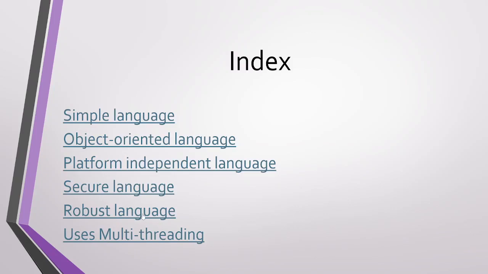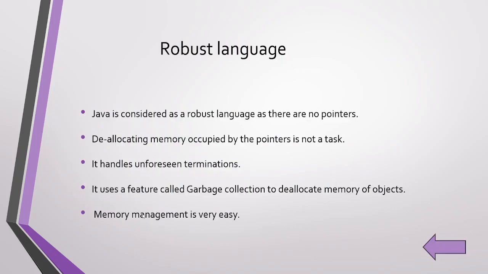Then comes robust. It means unforeseen terminations are handled by Java itself. Because it has no pointers, and deallocating memory for the objects is done by Java itself. Earlier, in C and C++, once we create a pointer, it becomes the responsibility of the programmer to deallocate that pointer.